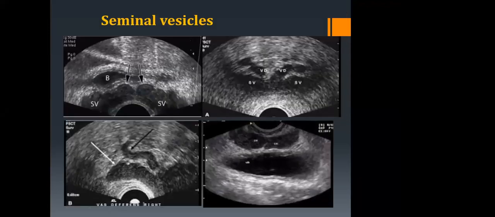For example, if I come back here, you find calcifications obstructing the vas deferens. So when they do laboratory analysis, the semen has no sperms, but you do a transrectal ultrasound, and you're able to show why there are no sperms: there is obstruction of the vas deferens.